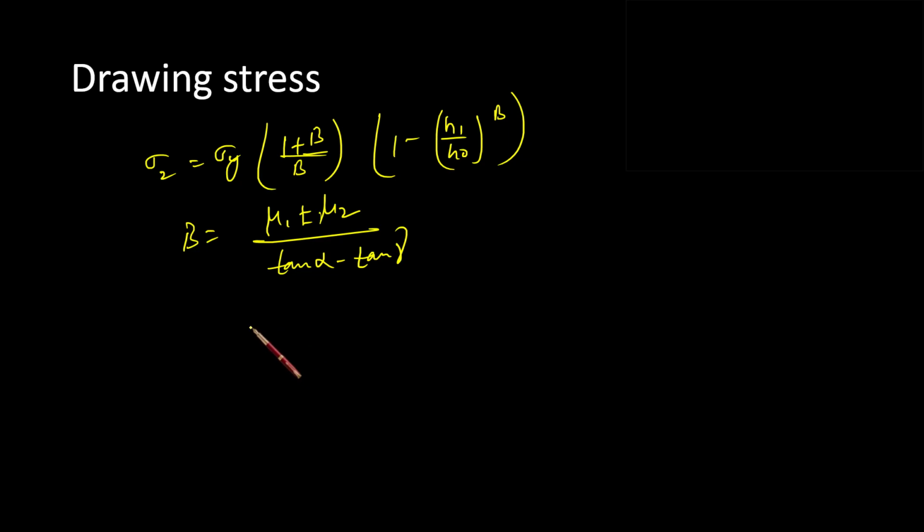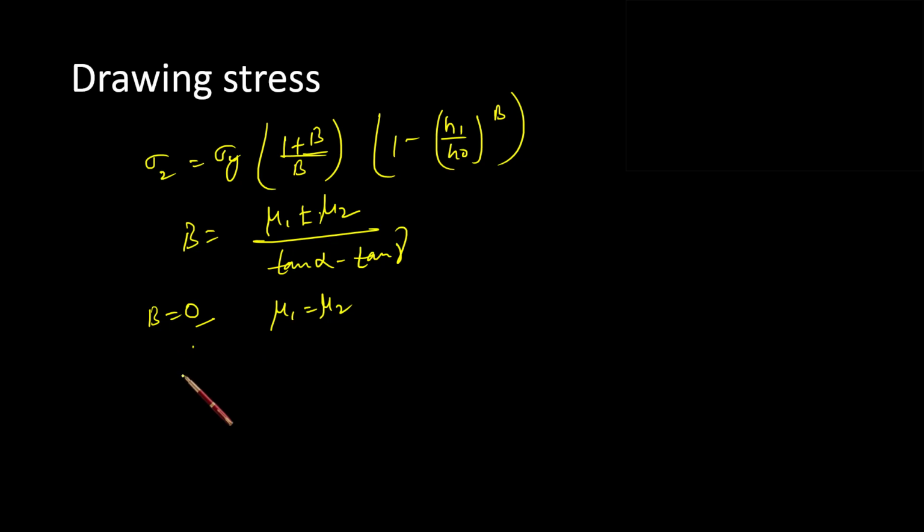So now let's take the ideal condition. What is the ideal condition? So B is equal to 0. That means mu1 is equal to mu2. Just take an ideal condition. Similarly, alpha is 0, so obviously B is 0.